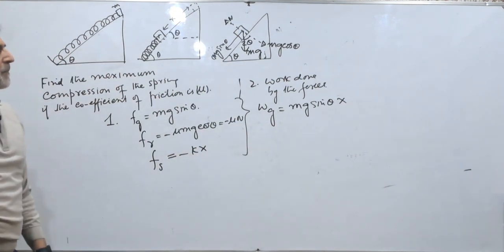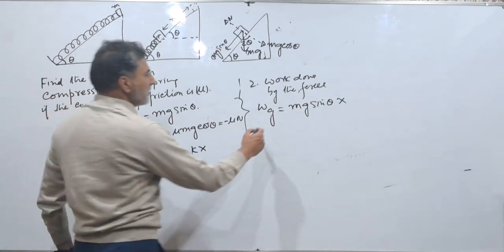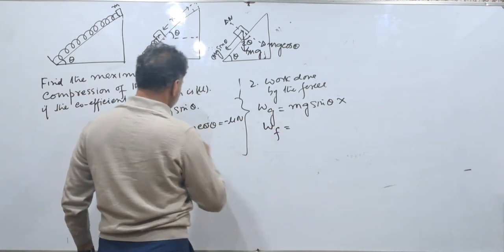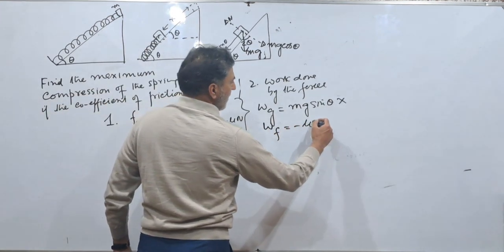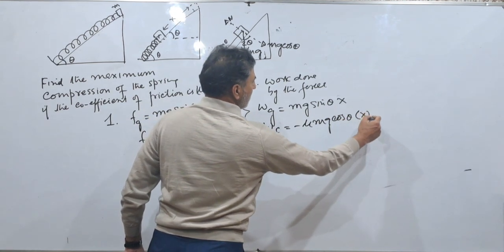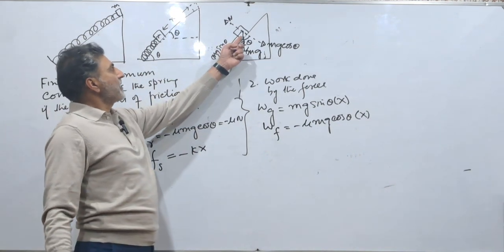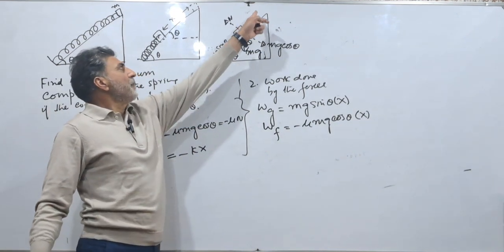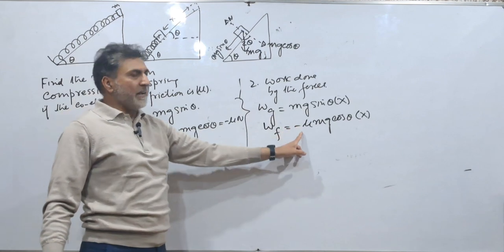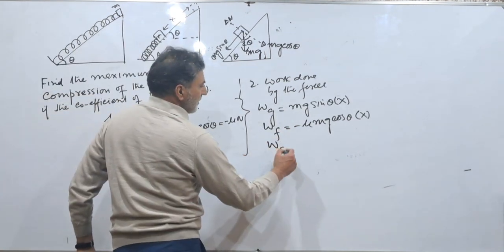What is the work done by frictional force? That is minus mu mg cos theta into the same x, because friction acts up the plane and the body is moving down the plane, therefore this negative sign.